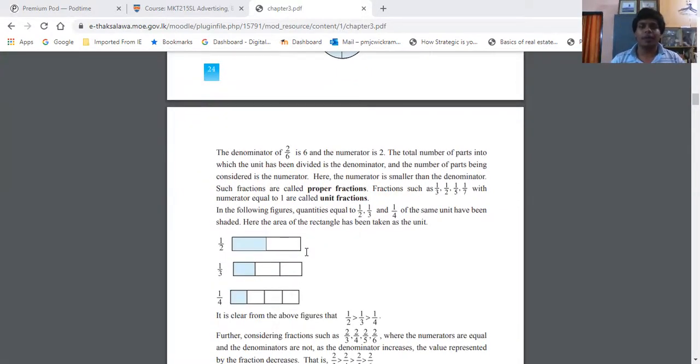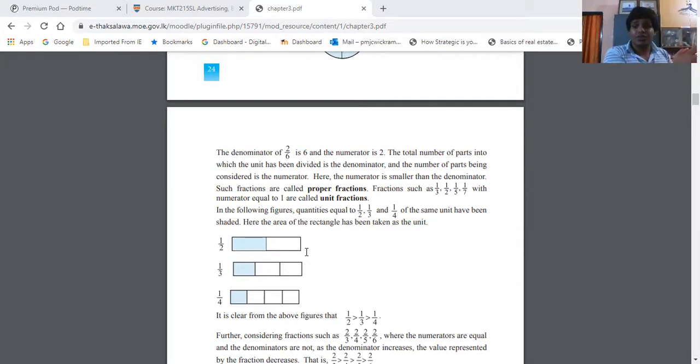The total number of parts into which the unit has been divided is the denominator, and the number of parts being considered is the numerator. That's what I was saying. The total comparison unit is your denominator. Where you're comparing to 10 slices, 10 pieces of your chocolate.